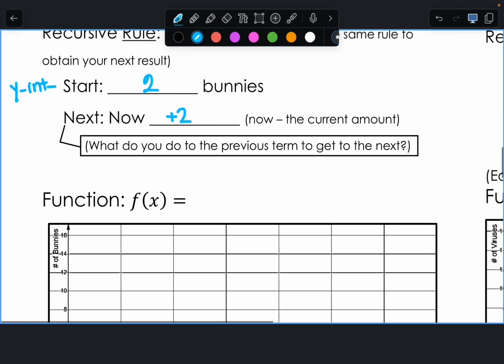Now, you write your linear functions in slope-intercept form, mx plus b. We know that b is the y-intercept, so that would be my plus 2. And we're adding 2 every single time, so that would be my slope, 2x plus 2.